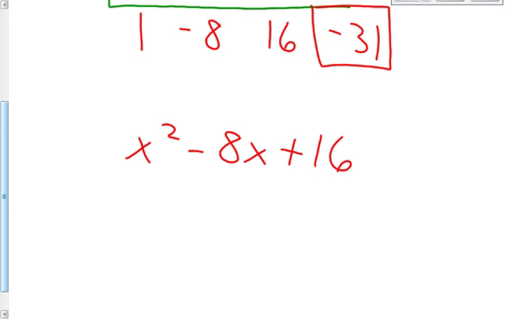Now one thing I want you to do with the remainder: back in the 3rd grade, I suppose you learned maybe a remainder of -31, or else you did a decimal or something like that. Here's what I want you to do in advanced algebra. Instead of just putting a remainder of -31, I want you to put -31 over what your divisor is.